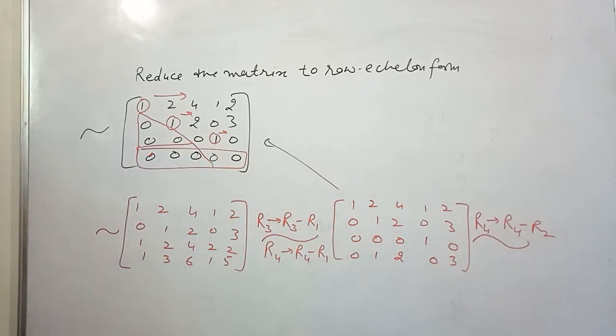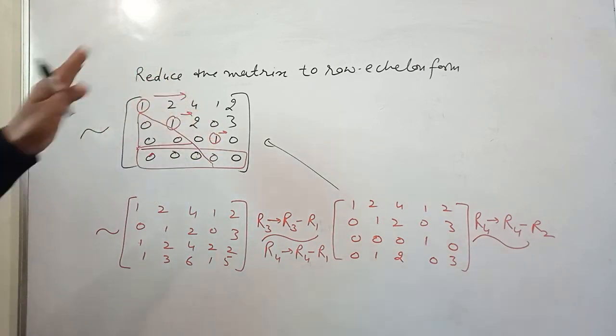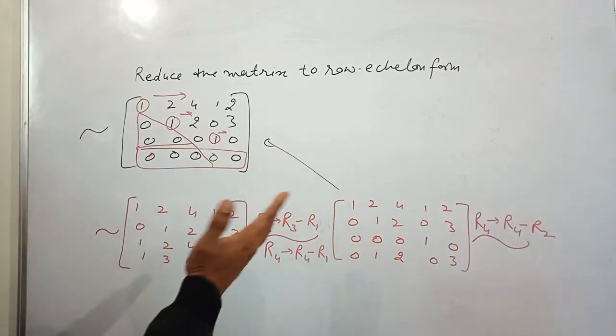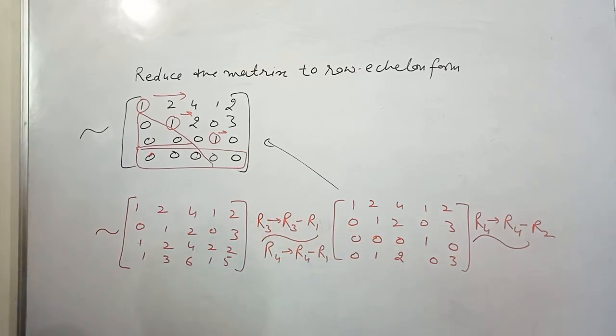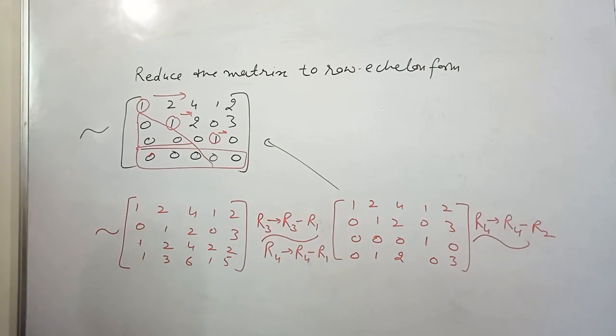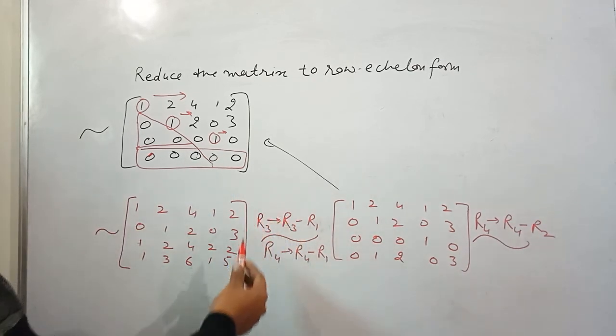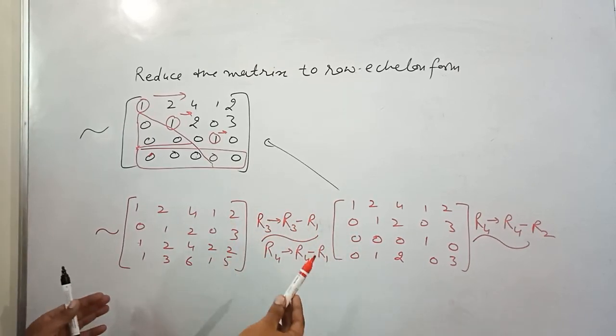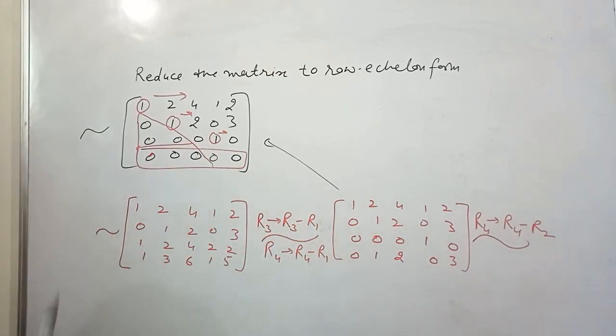So we can reduce a matrix to row echelon form by applying suitable row operations, and we can reduce it to column echelon form by applying the column operations or column transformations. You may have different operations to reduce it to echelon form. Okay, thank you.